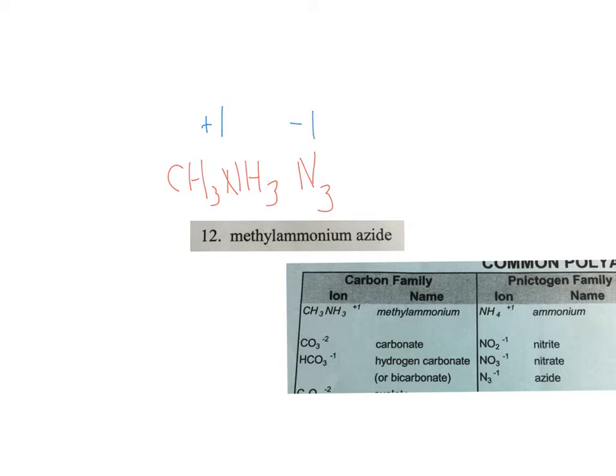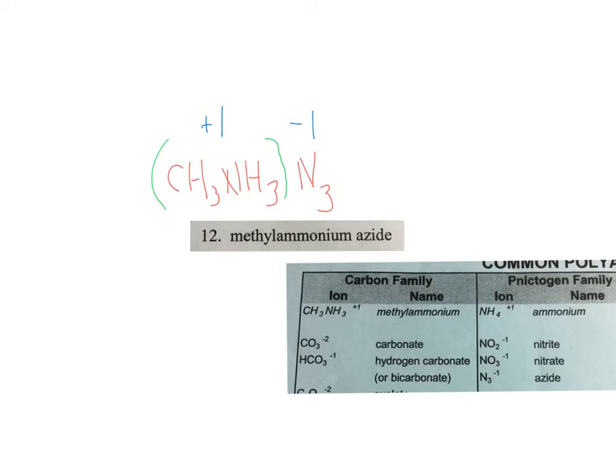Okay, the final thing that we need to do now to finish our problem out is to check the charges and make sure that those charges balance out to 0. So up on the positive side, I have a +1, so that's for this whole thing here. Now normally I would not be putting parentheses in there, but I'm putting that in there so you can see what's going on here.